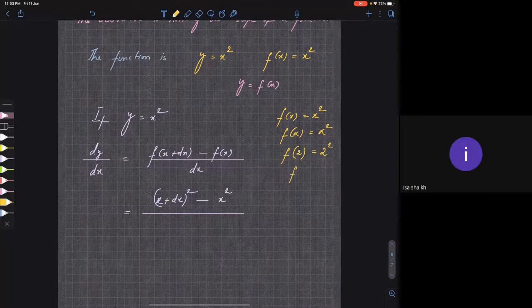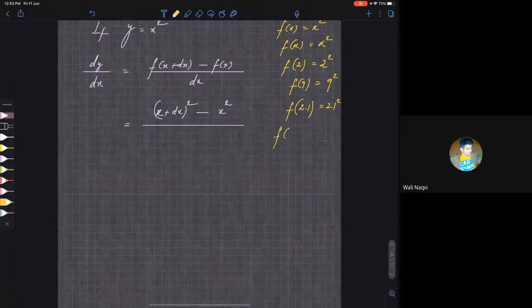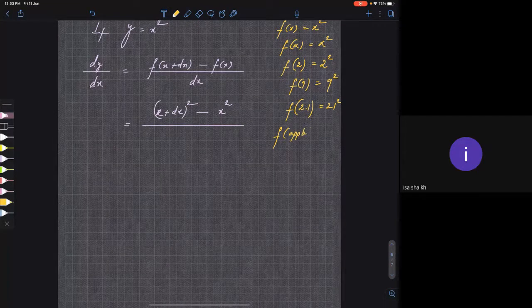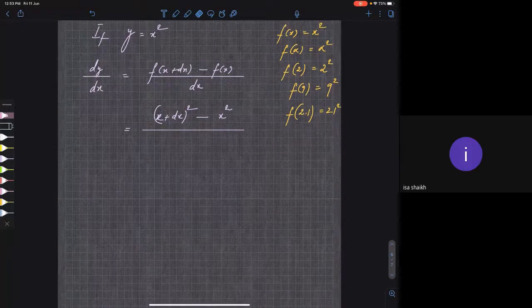What is f of 9? It is 9 square. What is f of 2.1? It is 2.1 square. So what is f of anything? It's anything square. f of apple will be apple square. It doesn't happen like that, but I'm just saying.